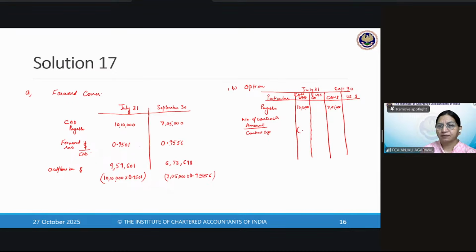So this becomes 10 lakh 10,000 divided by 50,000 and 7,05,000 divided by 50,000.